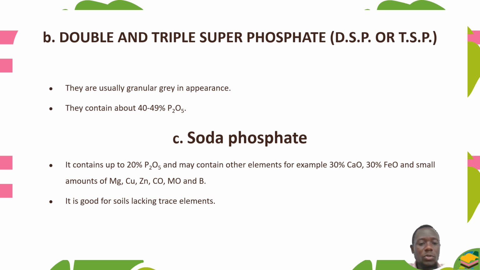It is good for soil lacking trace elements, since we've got trace elements like magnesium and zinc. So it is very good for soils which are lacking trace elements, because this soda phosphate is able to provide the trace elements to the soil.